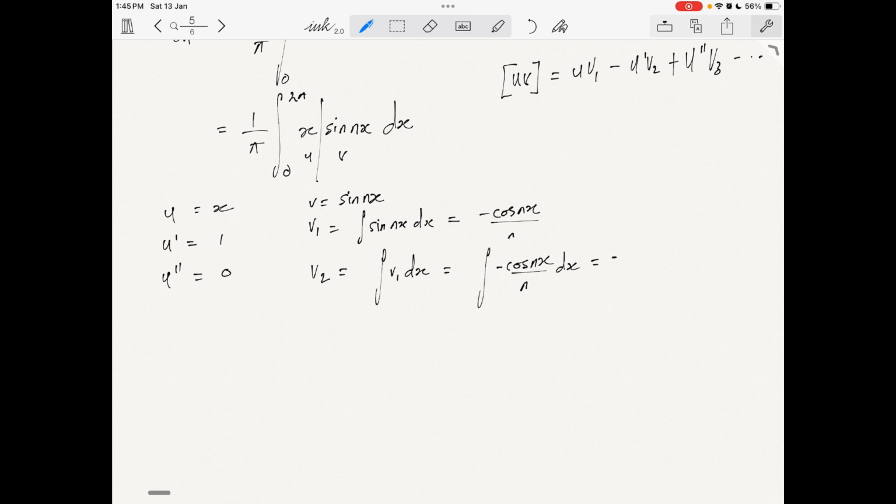And this will be minus, bringing the minus constant outside, cos nx over n dx. Integrating cos nx over n dx, we'll have sine nx over n squared, and the minus sign comes downward.